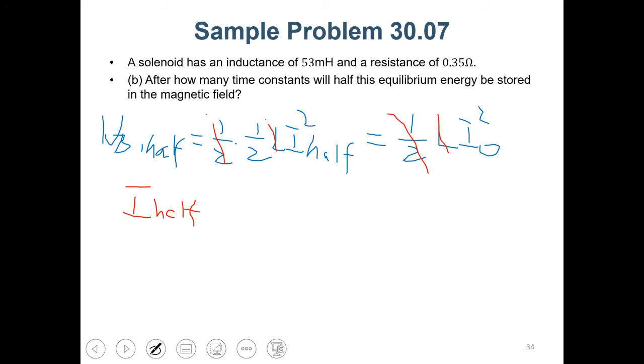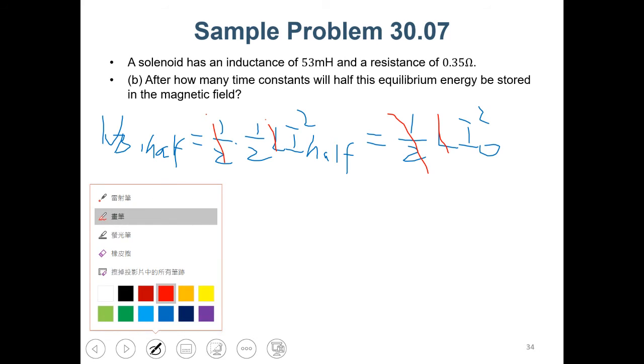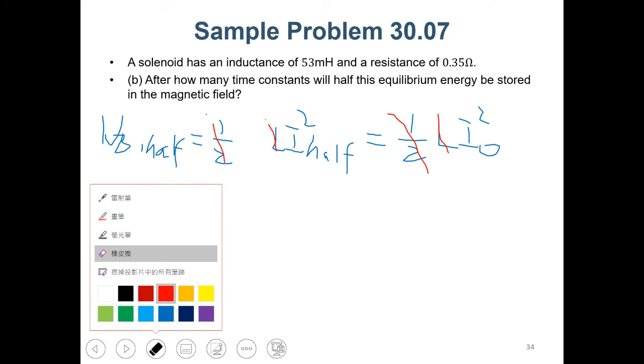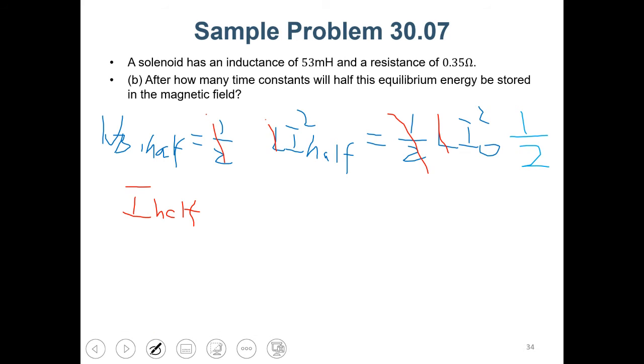No, this 1/2 should be on the other side, because we want to know the I half, where the stored energy is half of the total energy.